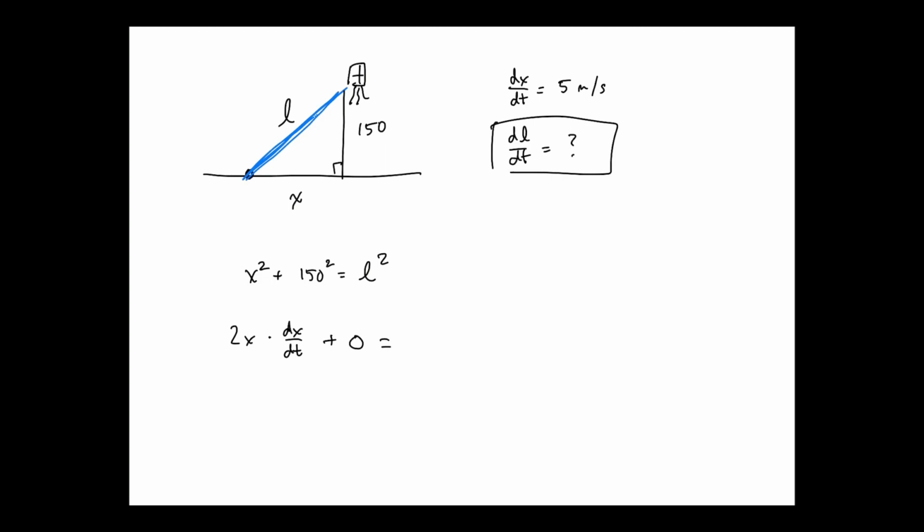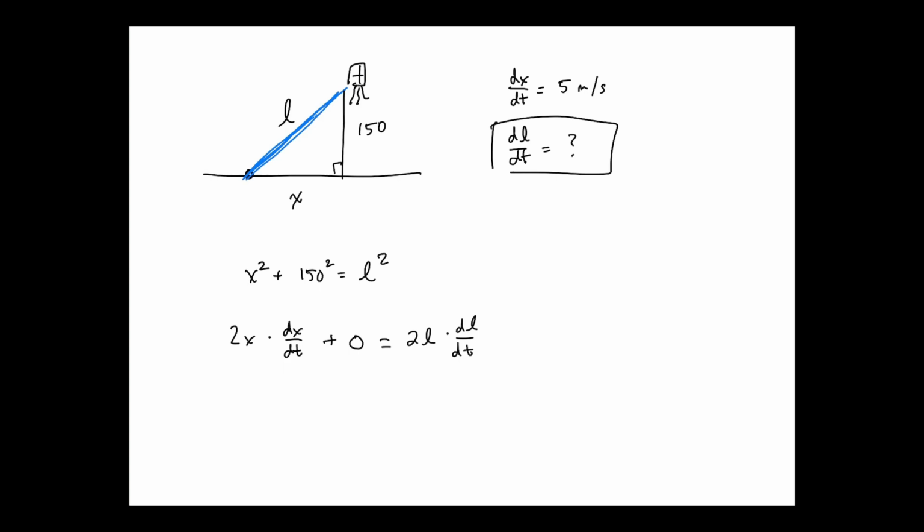What's the derivative of L squared? 2L L prime. Okay, good. So that's the key equation, then we took the derivative and obeyed the chain rule the whole way. Once we've got it differentiated, which we do now, we can start plugging stuff in.